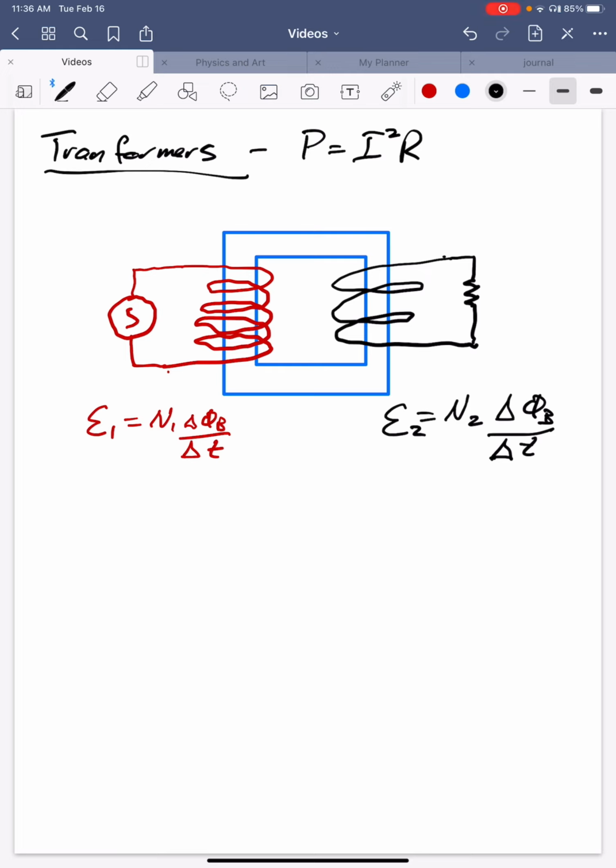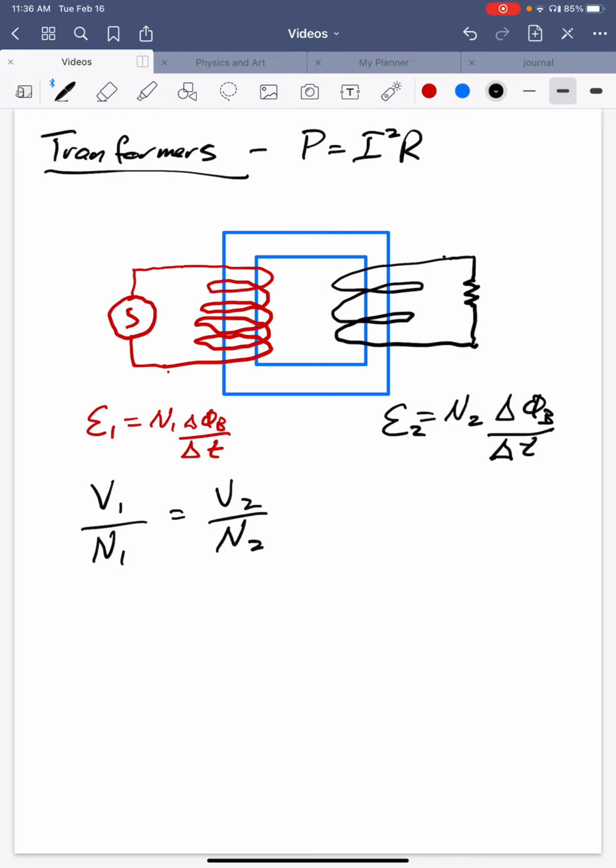So since the flux is the same going through both of them, I know that I have this relationship that looks like the voltage in the first coil divided by its number of coils is equal to the voltage in the second coil divided by its number of coils.